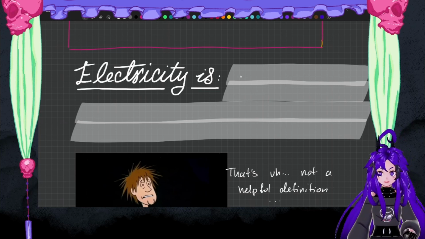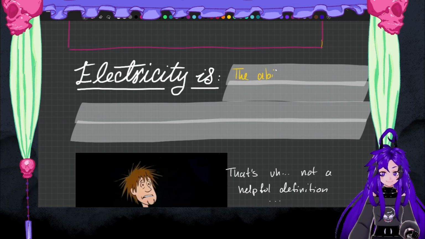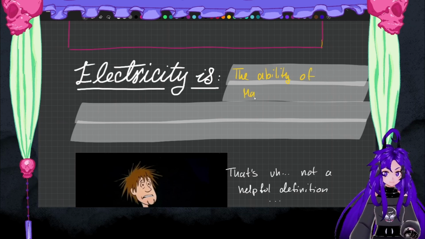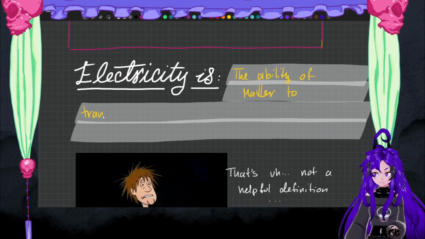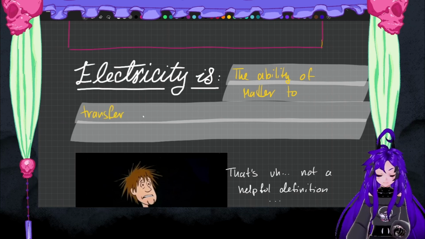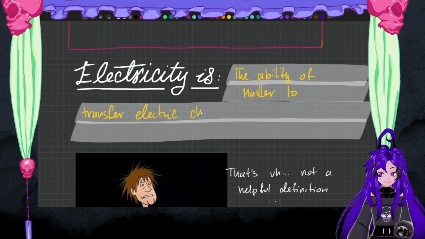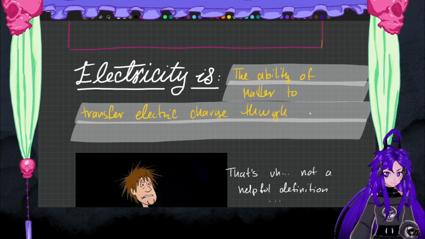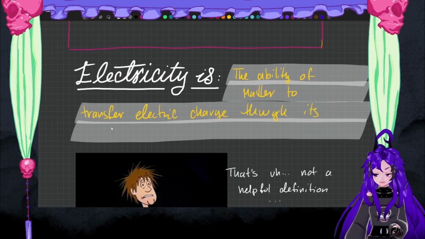So, electricity is the ability of matter to transfer electric charge through its molecular structure.